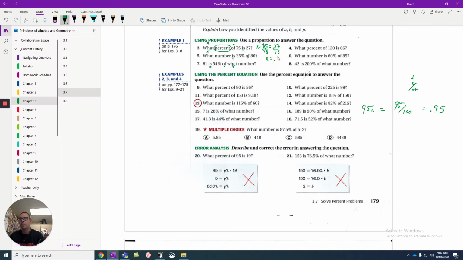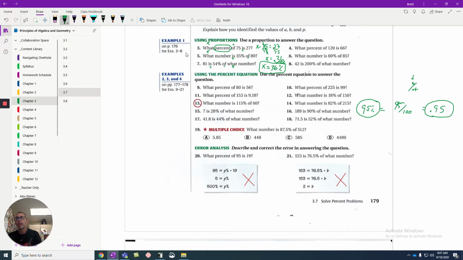Now this is where something has to be done. 0.36, just like 0.95 is 95%, 0.36 is the same as 36%. So when we're asking for percent, we're going to move that decimal 2 spaces to the right to turn it into a percentage.